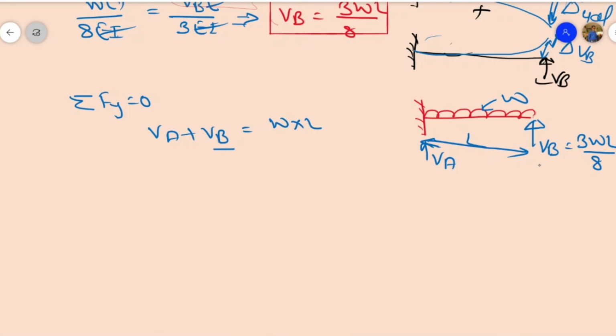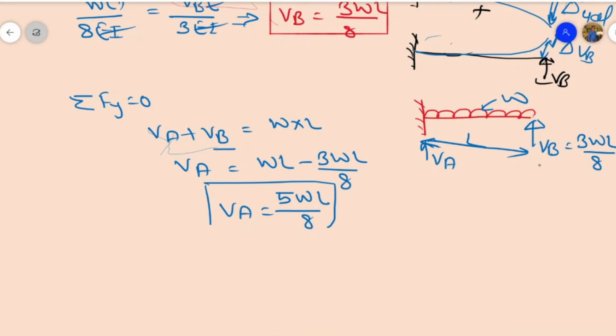VB we have calculated, so VA equals W times L minus VB, which is WL minus 3WL by 8. From here VA is 5WL by 8. Since all the loads are vertical, the horizontal reaction H will be 0.